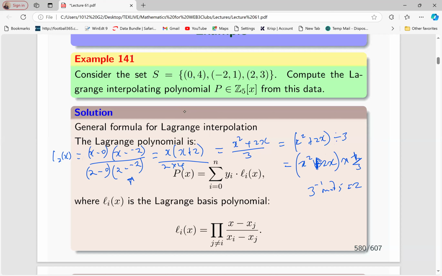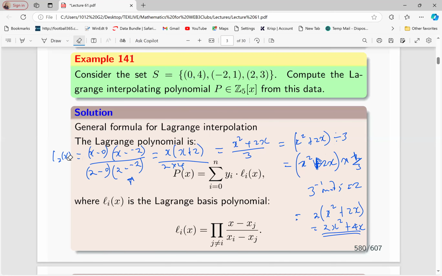So what we have, therefore, is 2 into x squared plus 2x. And this will be 2x squared, this is 4x. So that is what we have: 2x squared, 4x.